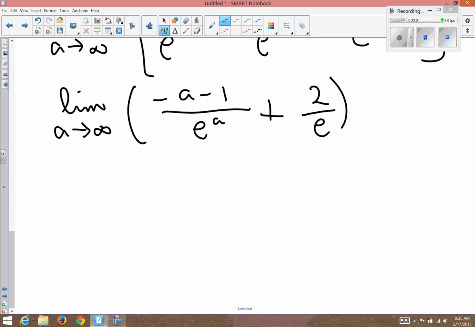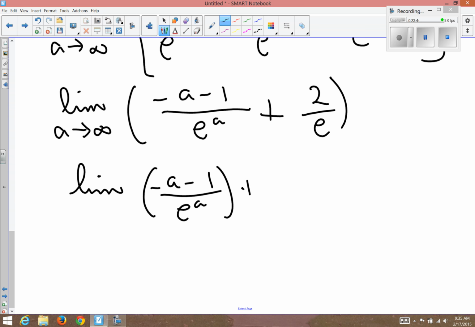A couple reminders about limits. When we have the limit of a sum here, we can write the sum of two limits. In other words, the limit can be distributed. I'm going to write the limit of this first term, negative a minus 1 over e to the a, plus another limit for this second term. Both of these are a approaching infinity.